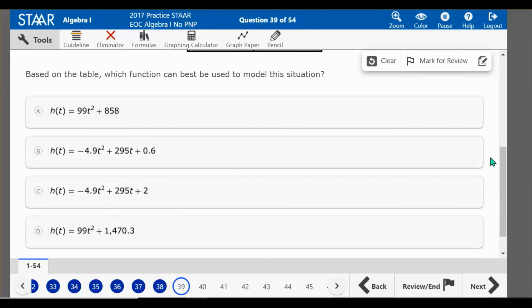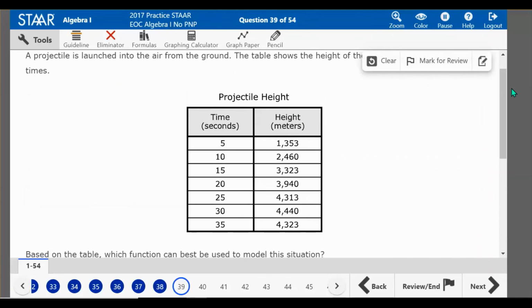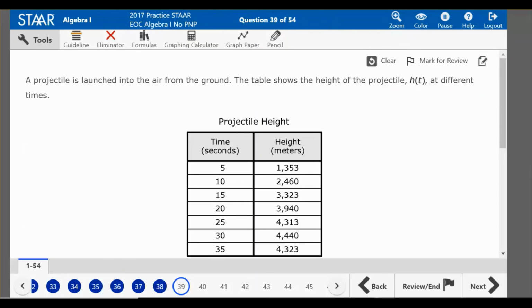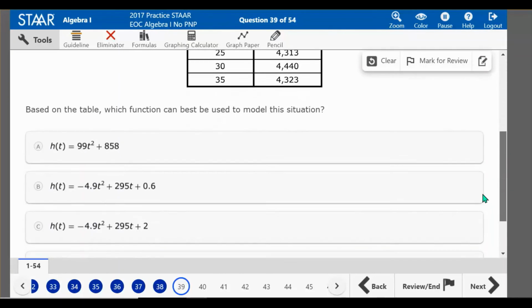To make this easier on ourselves, we can plug all these numbers into stat, and then solve for it like that. If we plugged in our numbers, we should have got B.